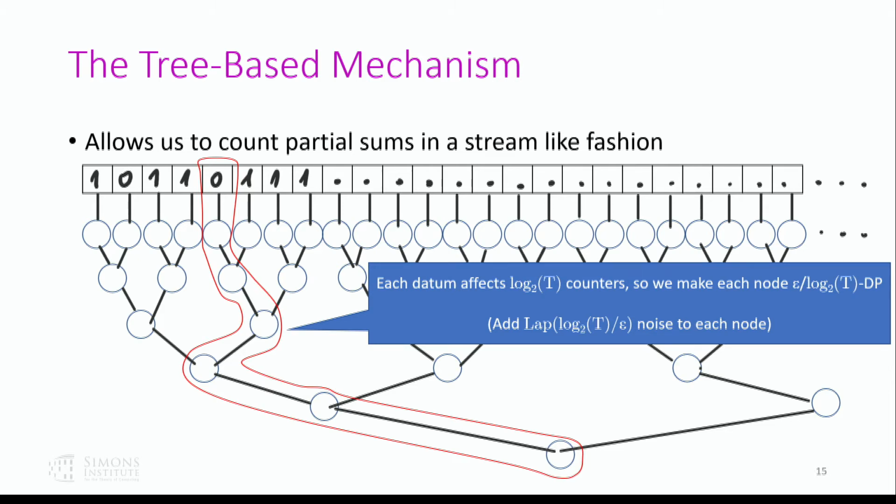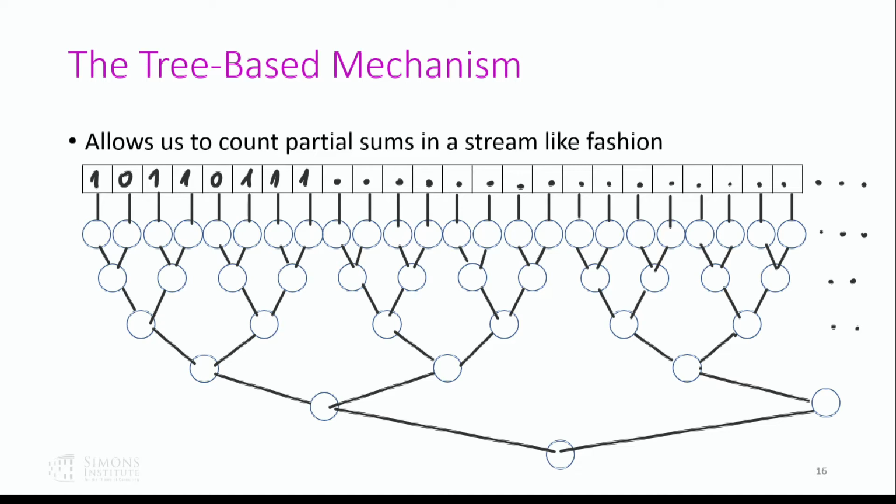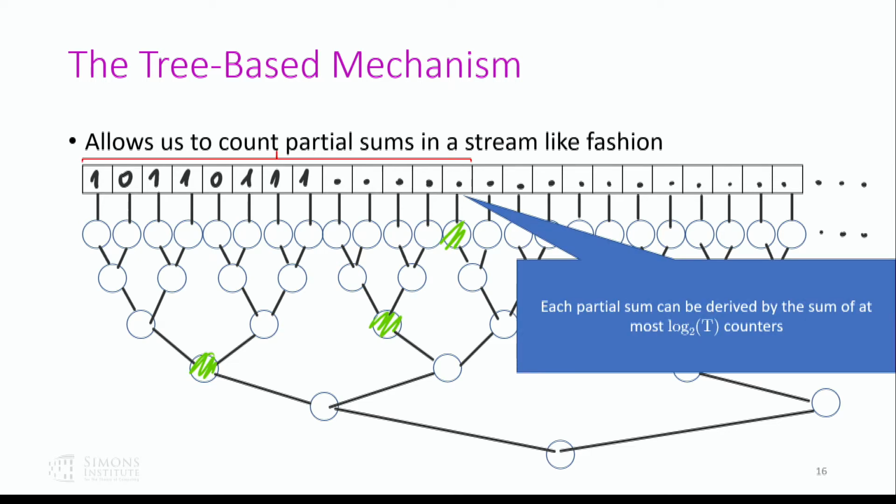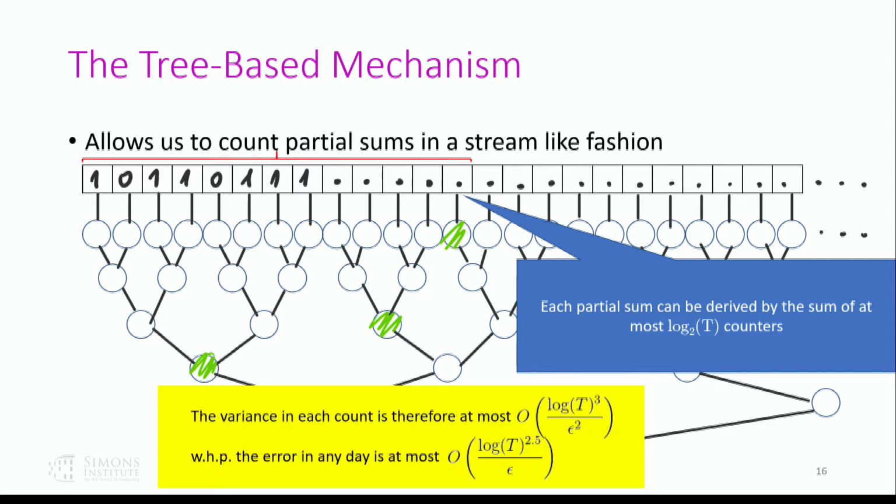Therefore, we need to budget our epsilon differential privacy budget so that each counter gets epsilon over log t. And to count the sum of all rewards from day 1 up to a certain day t, there is a combination of no more than log t counters that we can add up. Therefore, the variance in each count is log t squared over epsilon squared, and I'm multiplying this by log t.